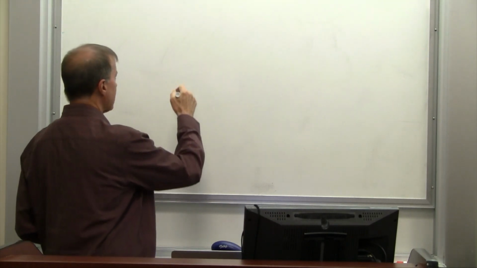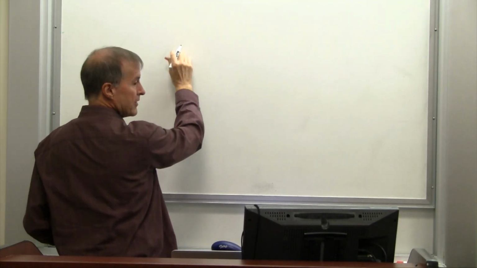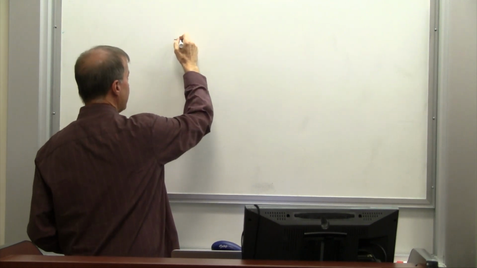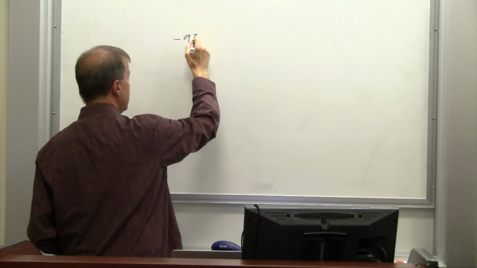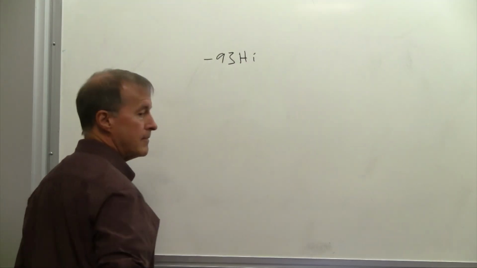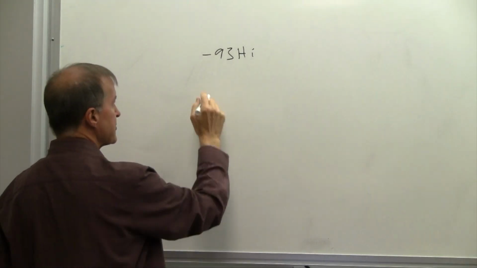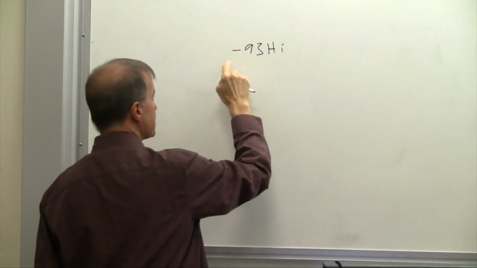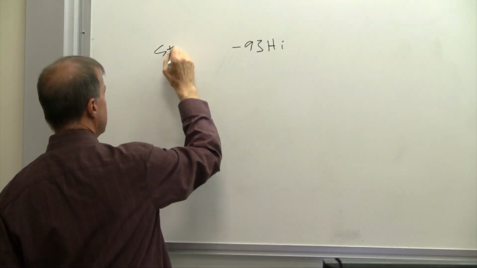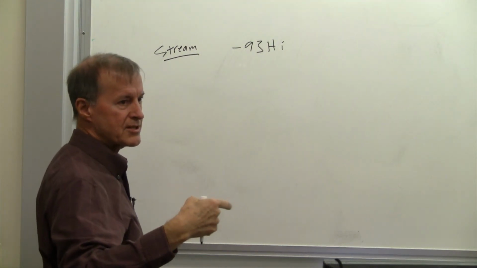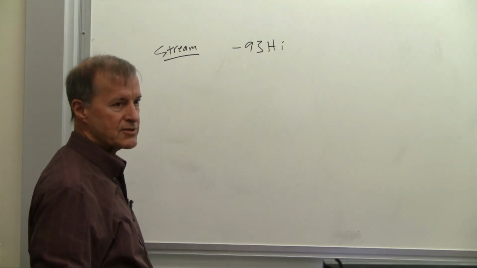Let's suppose that in our InBuffer, we have this sequence of characters: hyphen 9 3 H I. Let's just trace this, and suppose that this is the character stream that the buffer is going to give us.